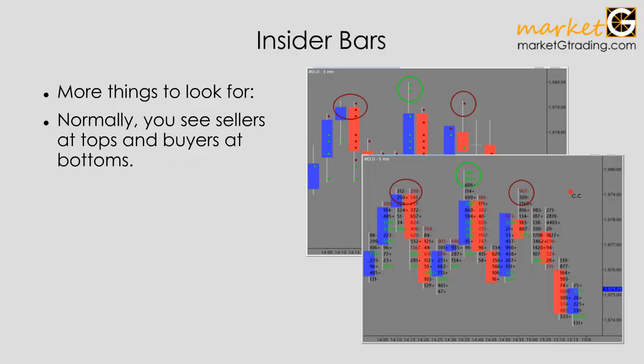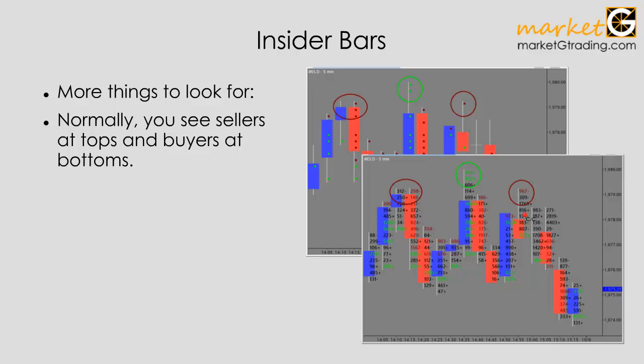This was a good little example I found, and these are the same data. One shows the volume, and one shows just the simple markers, so you can see how they both do the same thing. The ones on the left and the right are pretty simple. You see volume skewed to the selling at the top.